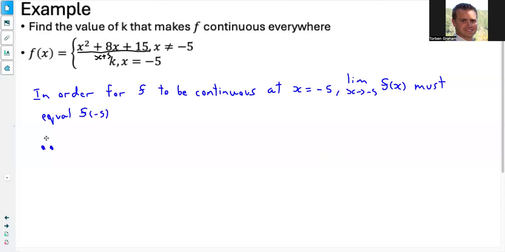Therefore, our limit as x approaches -5 of f of x must equal f of -5.